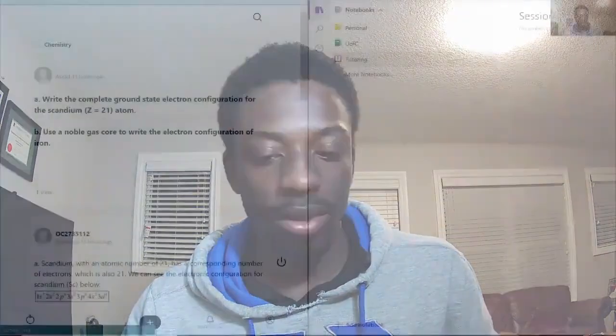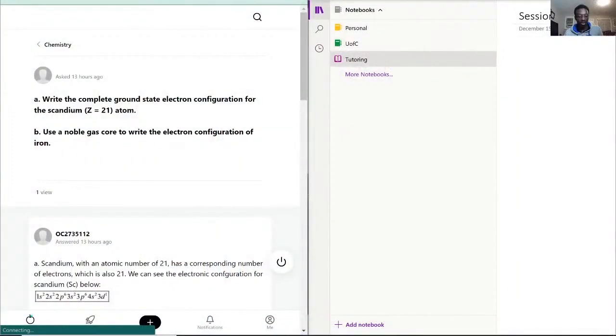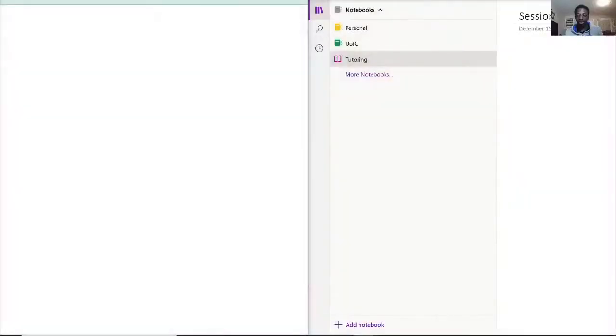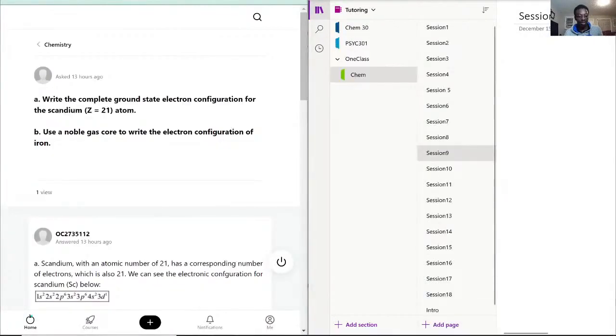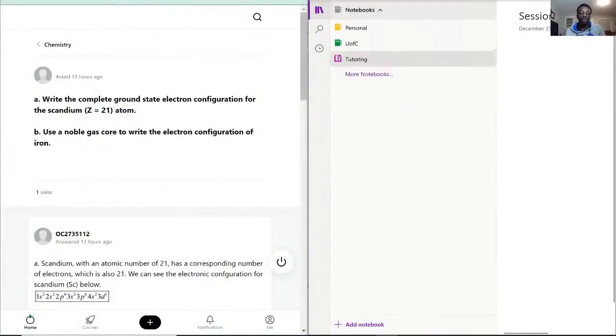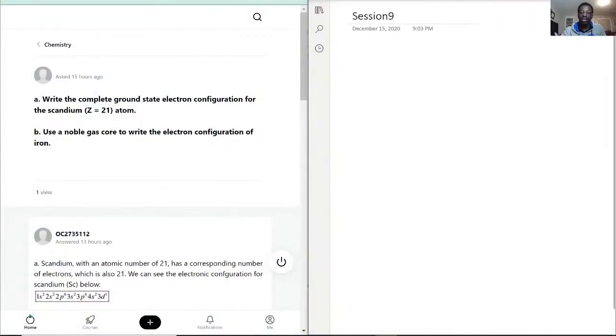And we are going to be solving this. Write the complete ground state electron configuration for a scandium atom.